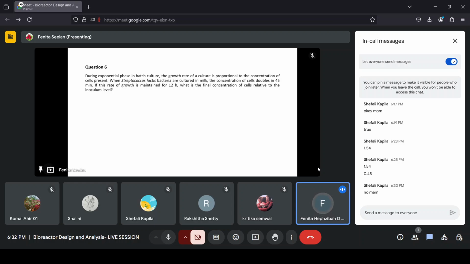So the rate of the culture is proportional to the concentration of the biomass which is present. When Streptococcus lactis bacteria are cultured in milk, the concentration of cells doubles in 45 minutes. So the doubling time is 45 minutes. If this rate of growth is maintained for 12 hours, what is the final concentration of cells relative to the inoculum level?